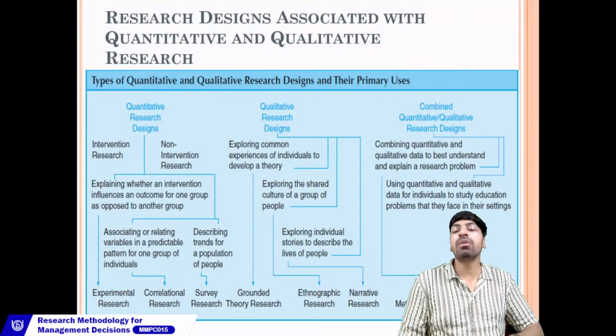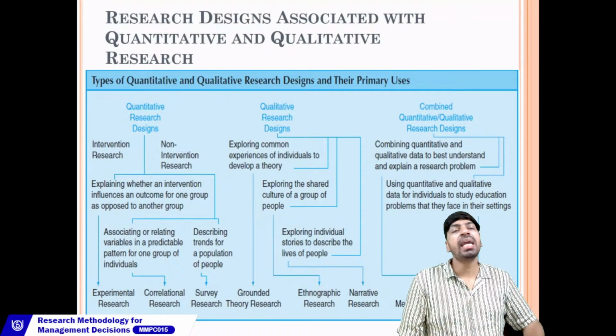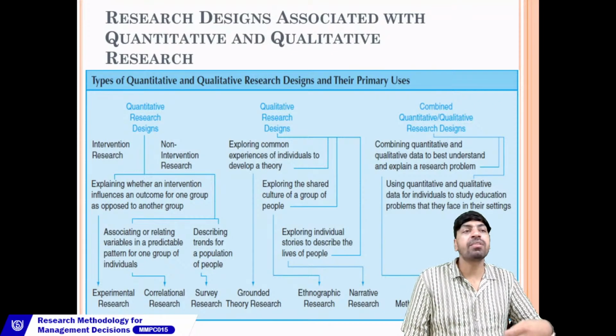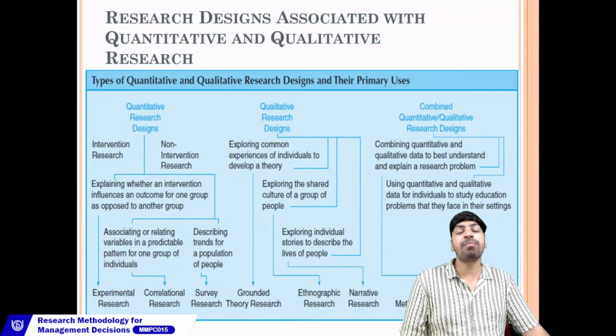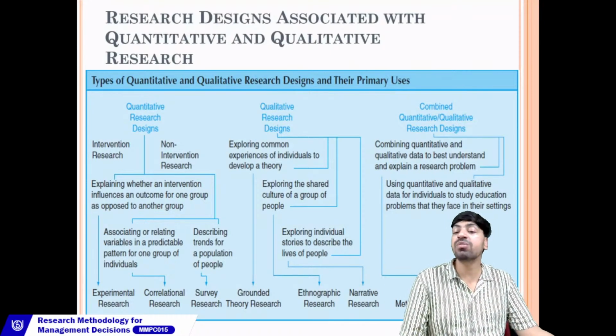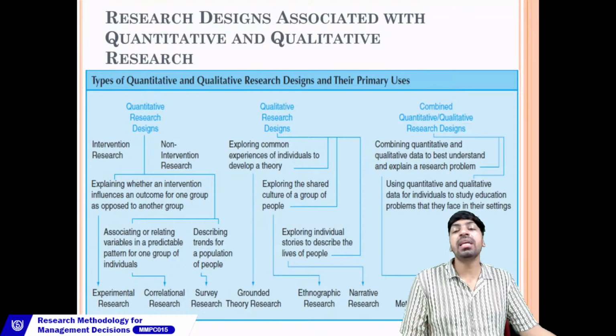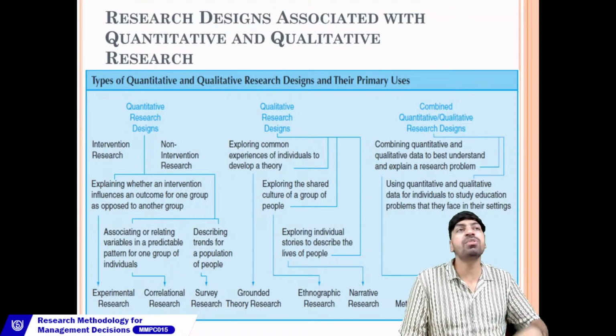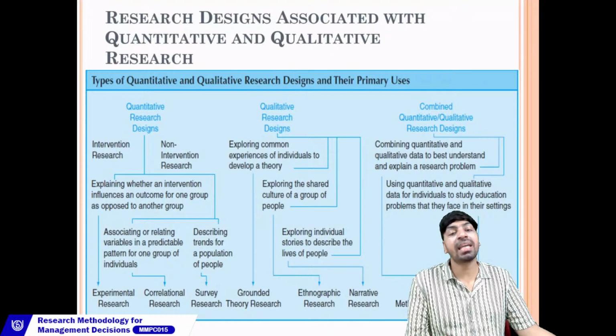When we talk about mixed method research, in most of the research I observe, while analyzing the topic, the literature review, and the research methodology, mostly the researchers or learners apply mixed method research. It is very important to use this method because sometimes you will not get the primary data, sometimes you will not get the secondary data.